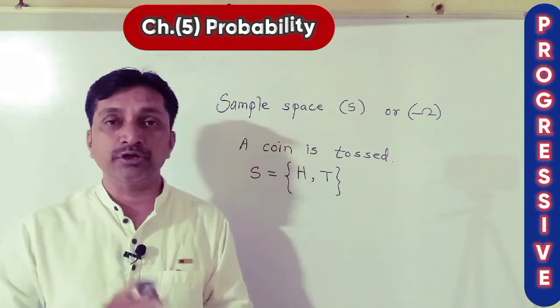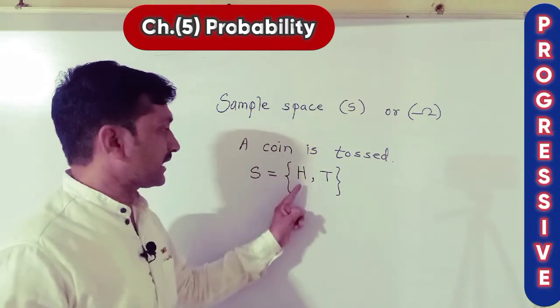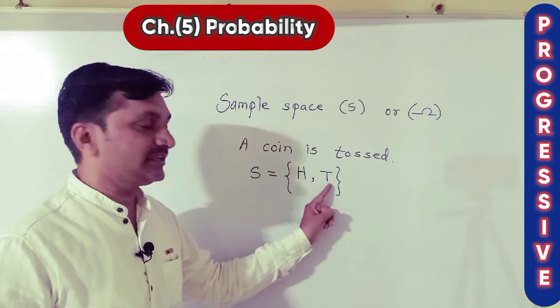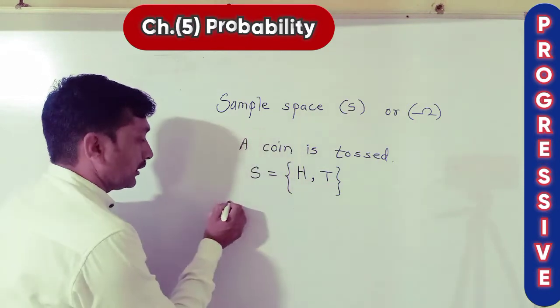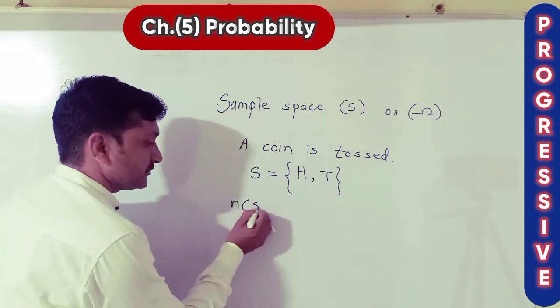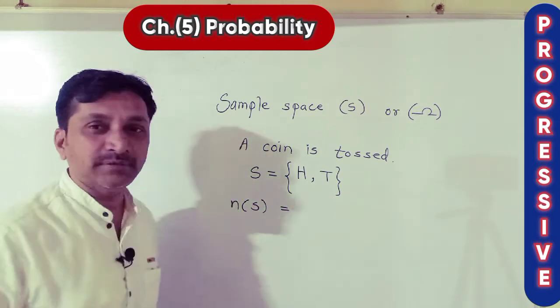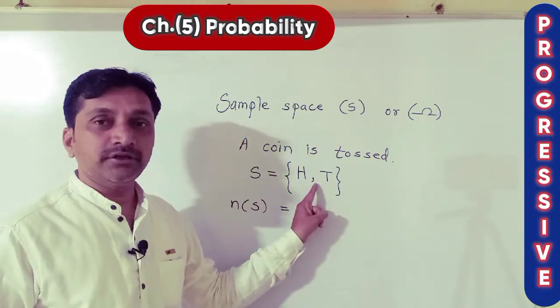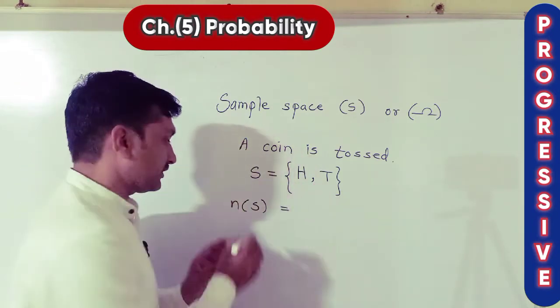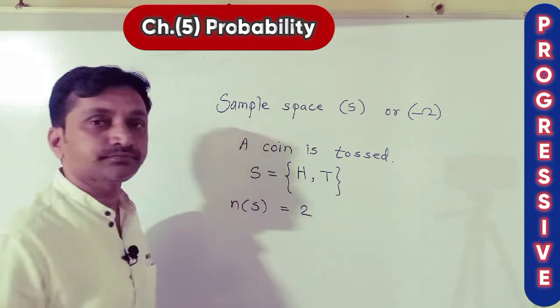In last year in 9th standard we studied sets. S is equal to {H, T}, head, tail. The number of sample points is denoted by n(S). How many elements are there in this experiment? 2. Therefore, n(S) is equal to 2.